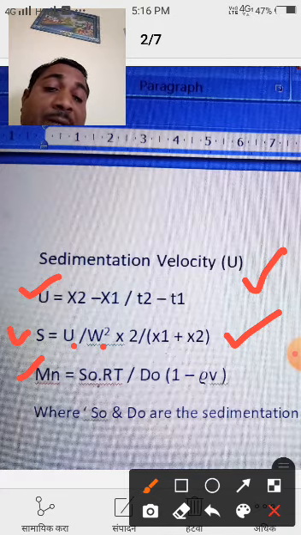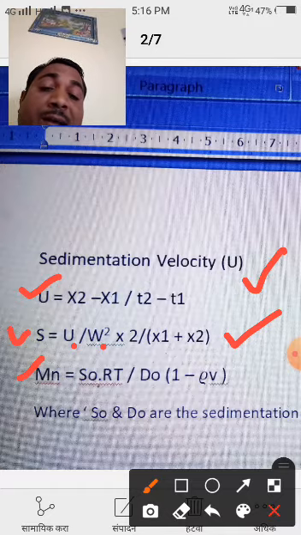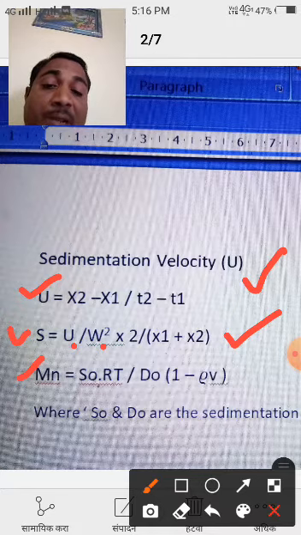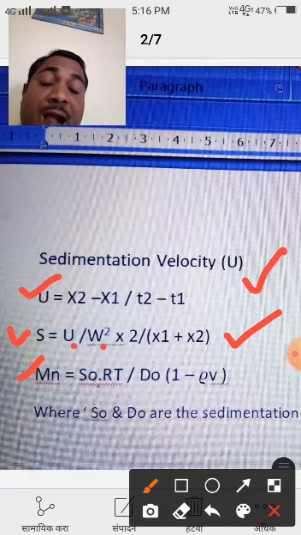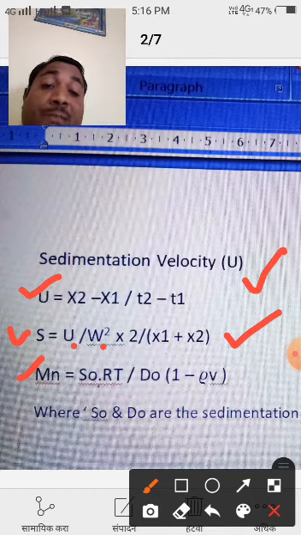into 1 minus rho V. In that formula some new terms are involved, and we have to explain what is the meaning of these new terms.